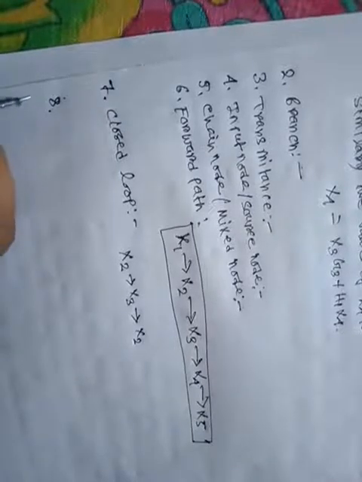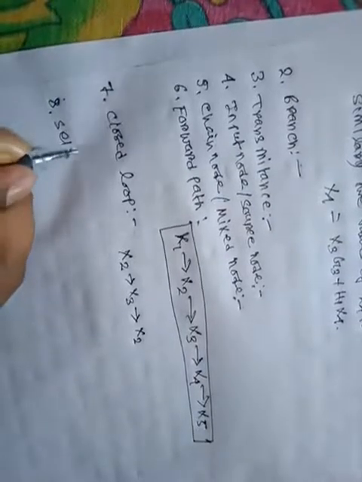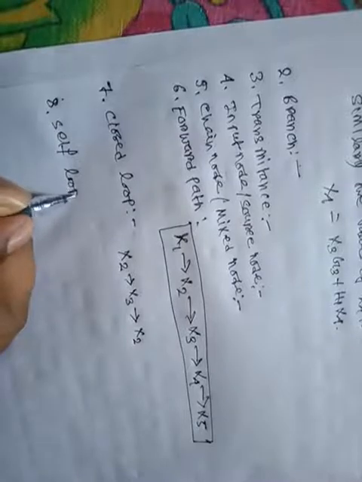Number 8, self loop. A self loop also starts from a node and ends at the same node, having only one branch.